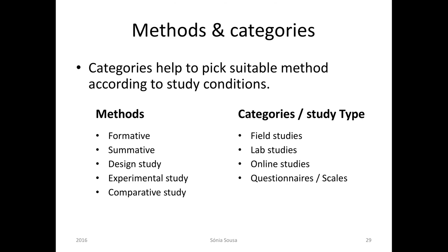Usually, we categorize these in methods. So, in terms of assessment, we have different methods and ways to assess our study conditions. We can have methods that are formative, just to get informed, or more summative, based on errors. We can design a study, we can design an experiment, and we can use comparative studies to assess and evaluate and get feedback from the users regarding our services.